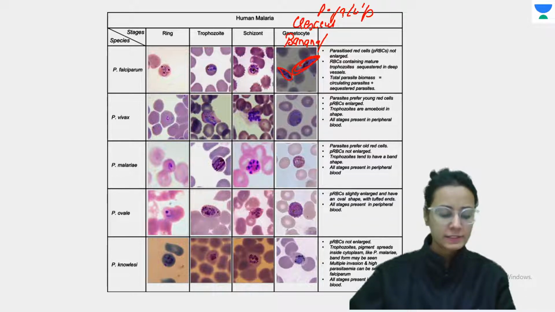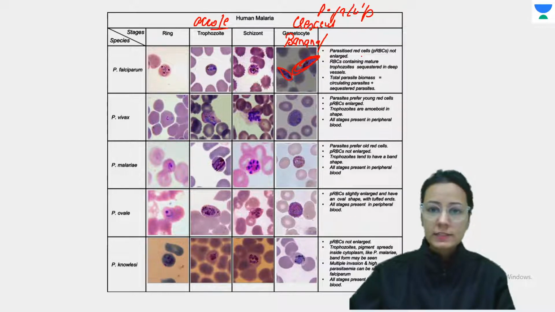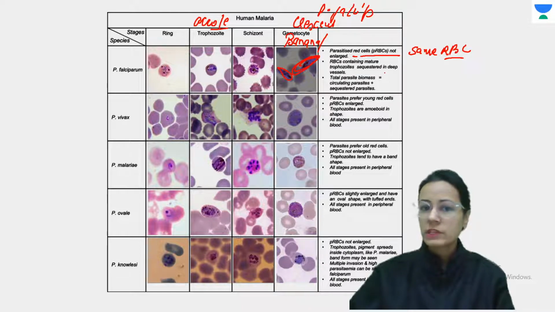And what else did we have? We had the early trophozoite in the ring form. The parasitized RBCs are not enlarged, they are the same size. RBCs containing the mature trophozoite are sequestered in deep vessels, so the total parasite biomass is this.